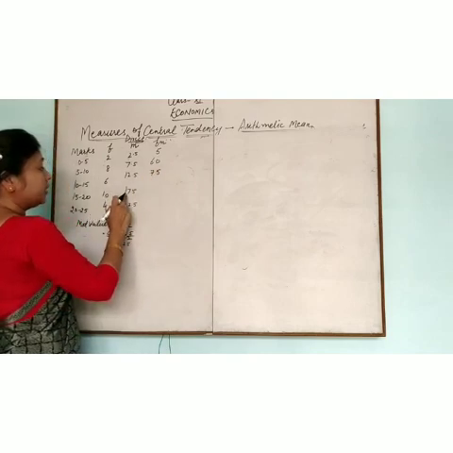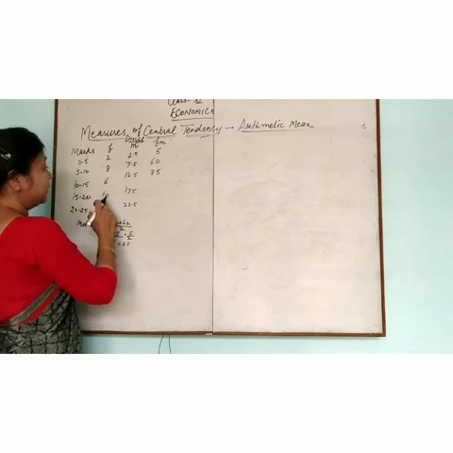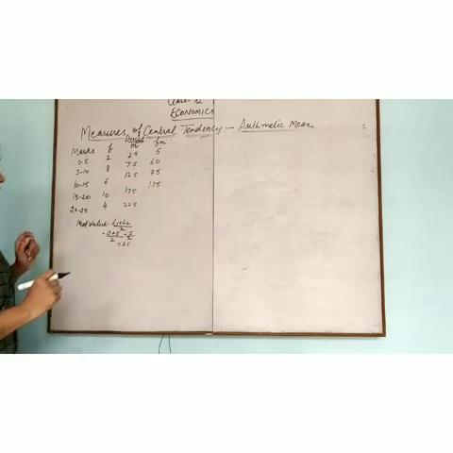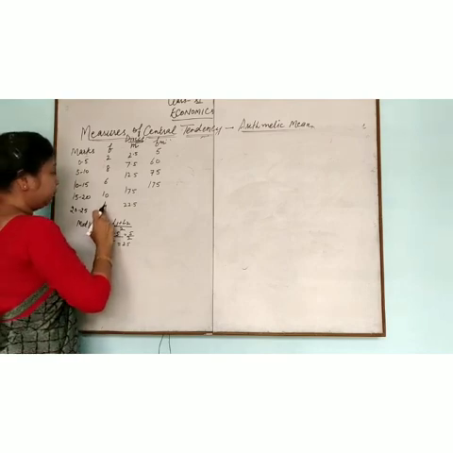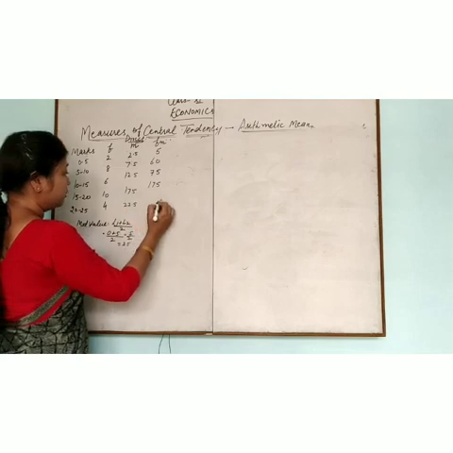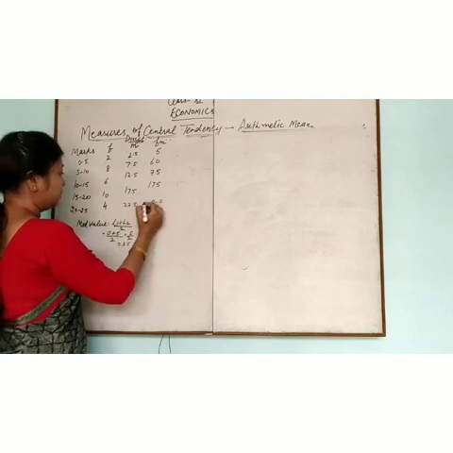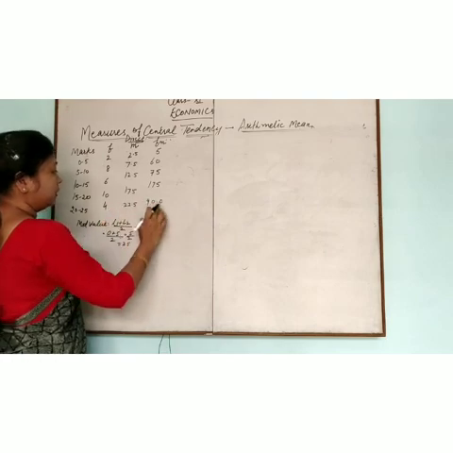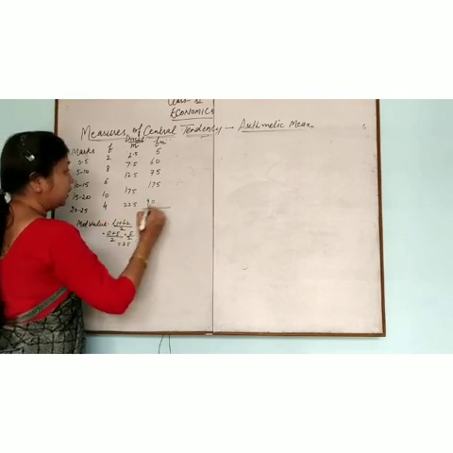And 17.5 multiply 10 is equal to 175. And 22.5 multiplied by 4 is equal to 90.